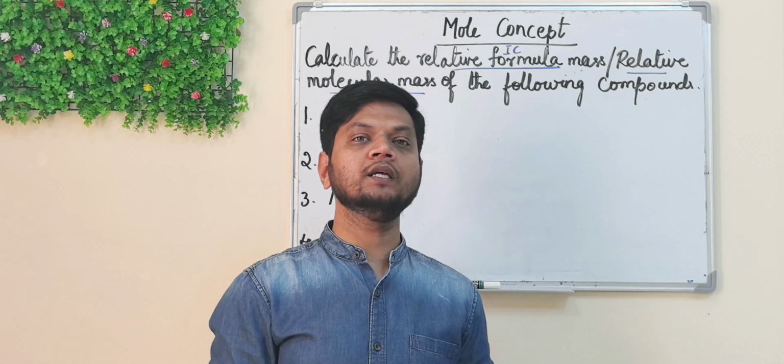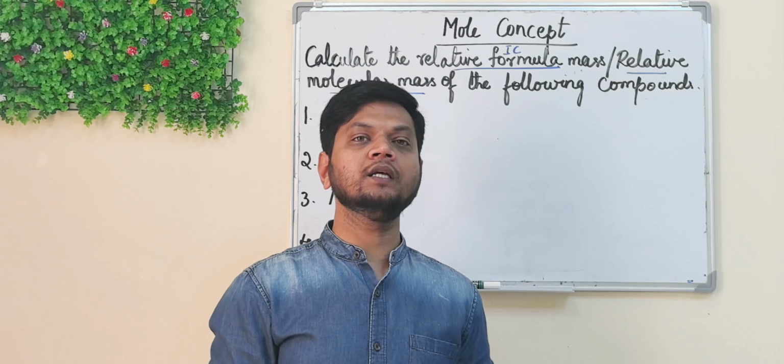So you just need to understand whether they are made up of metals and non-metals, or only non-metals. If they are made up of metals and non-metals, they are ionic compounds, for which we write relative formula mass. And if they are made up of only non-metals, they are covalent compounds, which is the relative molecular mass.